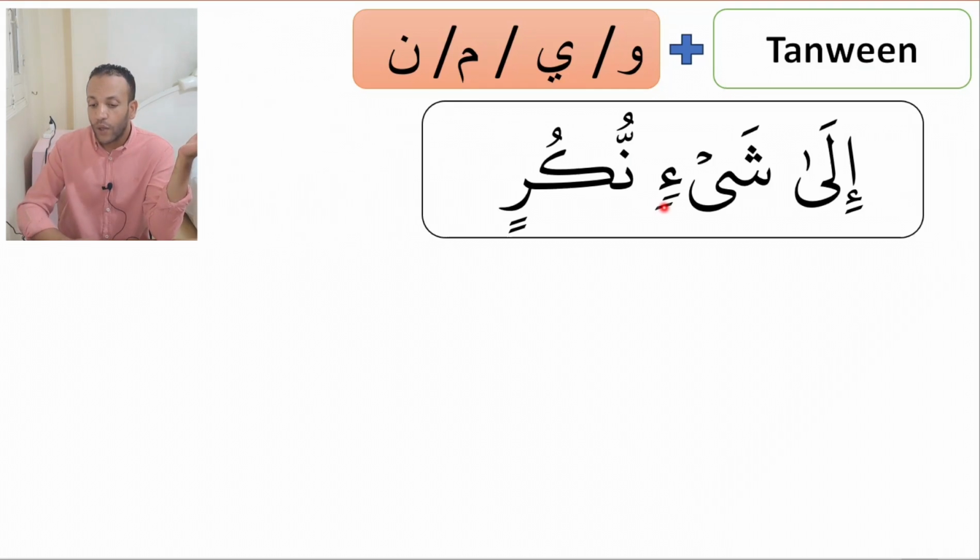We already talked about how to apply the letter noon with shadda, and we said that the letter noon with shadda means pronounce it twice. The first one consonant, prolong it, and the second one with the vowel, which is dhamma here.